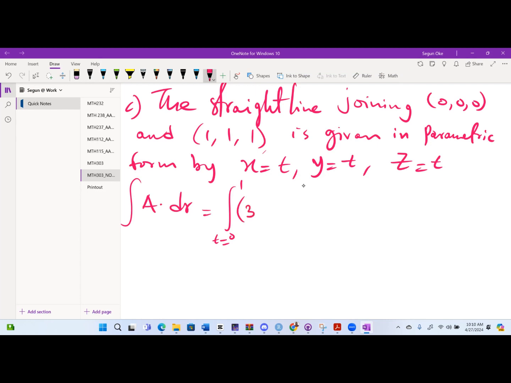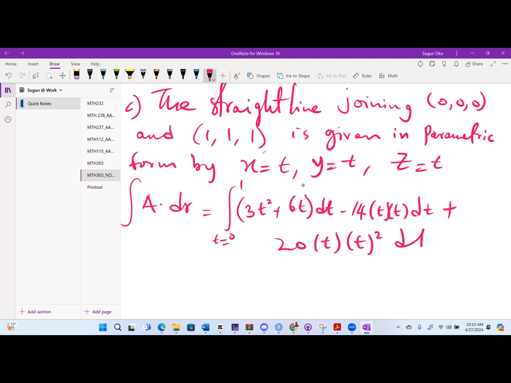So we have 3t squared plus 6t dt, minus 14 of t and t again, dt, because this one is dt, not t squared, plus 20 of t and t squared dt.